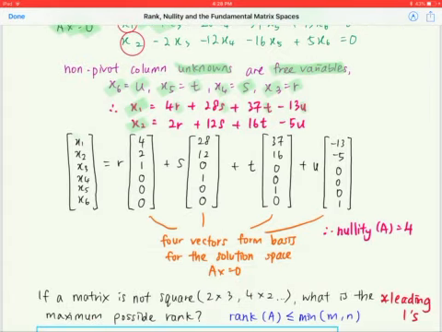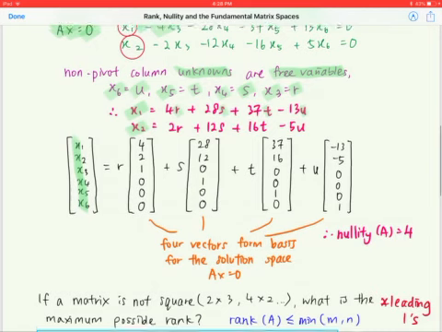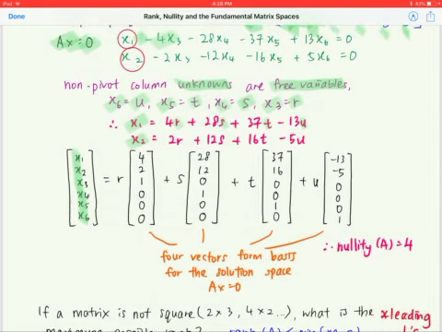Then the solution for x1 to x6 is the new vector for our solutions, where you plug in every expression here. x1 depends on r, s, t, and u, and x2 depends on r, s, t, and u, whereas x3 depends solely on r, x4 on s, x5 on t, and x6 on u.